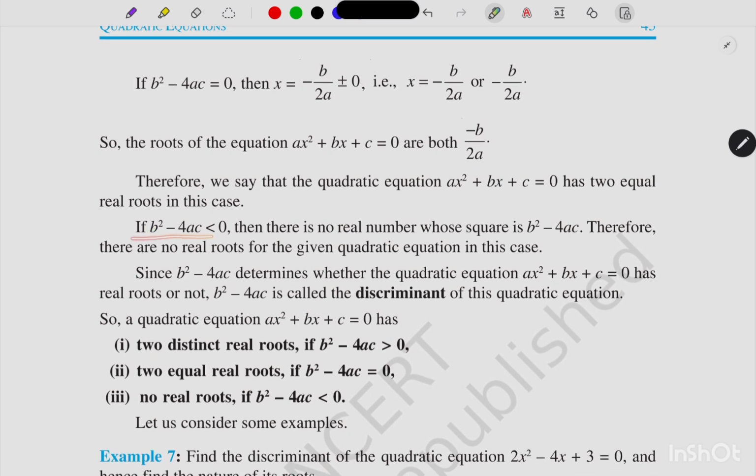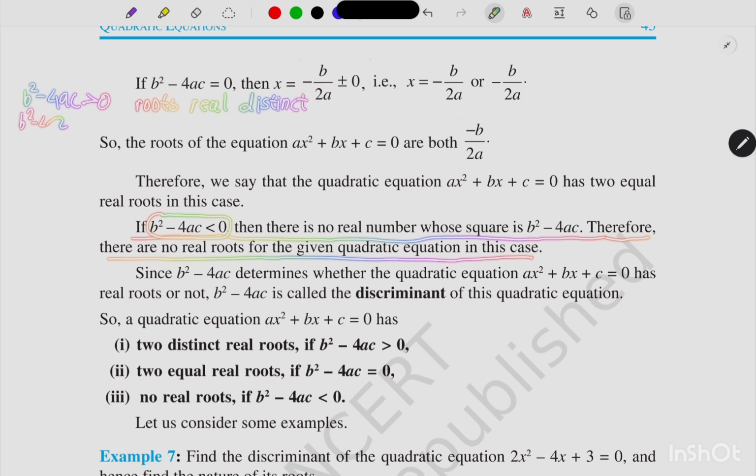If b square minus 4ac is lesser than 0, then there is no real number whose square is b square minus 4ac. So therefore there are no real roots for the given quadratic equation if b square minus 4ac is lesser than 0. If b square minus 4ac is greater than 0, roots are real, distinct.